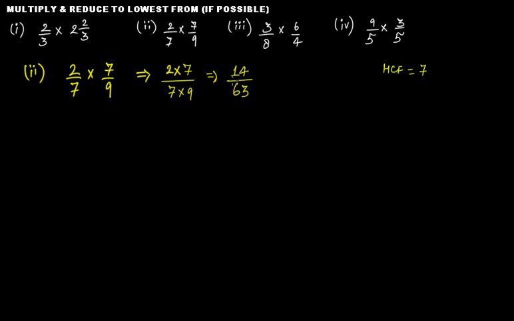Now divide this numerator by 7. If you divide 14 by 7, what will you get? We'll get 2 divided by. If you divide 63 by 7, what you will get as a quotient? The quotient will be 9, right? So this 2 by 9 is actually the simplest form or the lowest form of this one. So this is the answer for the second part.